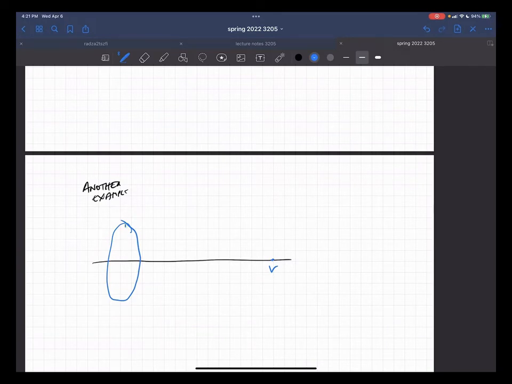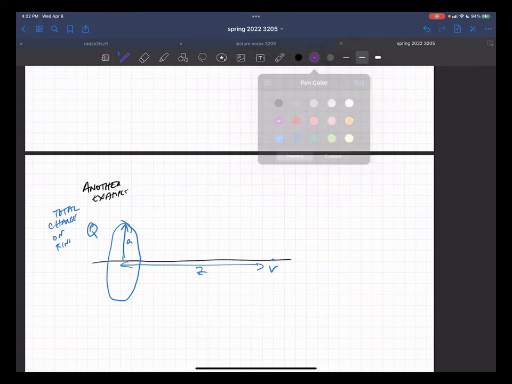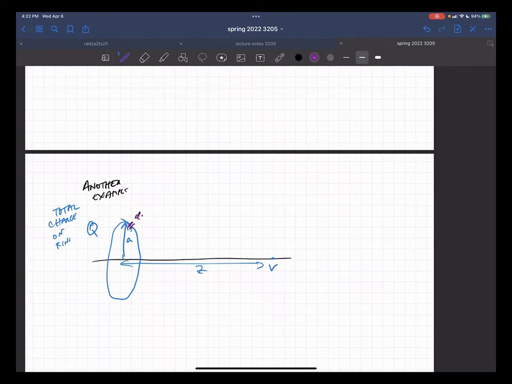Let's say the ring had radius a, and there was a total charge of Q on this ring. And the separation to this point was, say, z. We would basically look at the increment dq of charge along that ring.